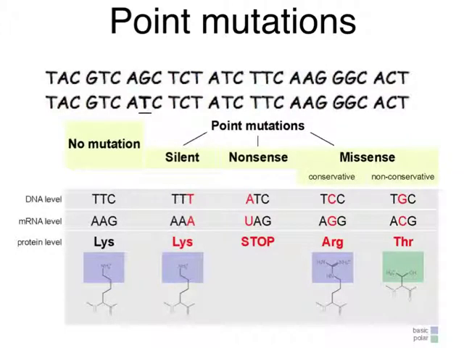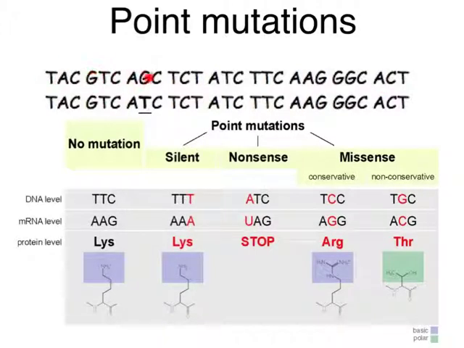Point mutations. Point mutations are single substitutions that occur along the DNA line. Now in this particular lesson, we're going to use this sequence right here, and I want you to copy this down in your notes as the normal DNA sequence.